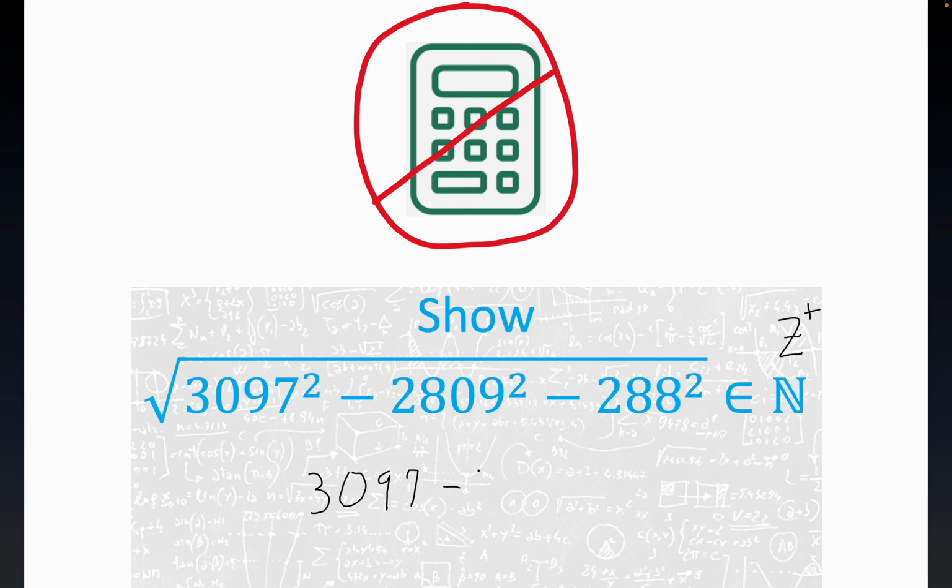And indeed, if you subtract 2809, which is the base of this middle exponential, from 3097, which is the base of the first exponential there, you do get 288. Now that's a nice catch, because it turns out you can do some algebra on it, which essentially does almost all the work for you.